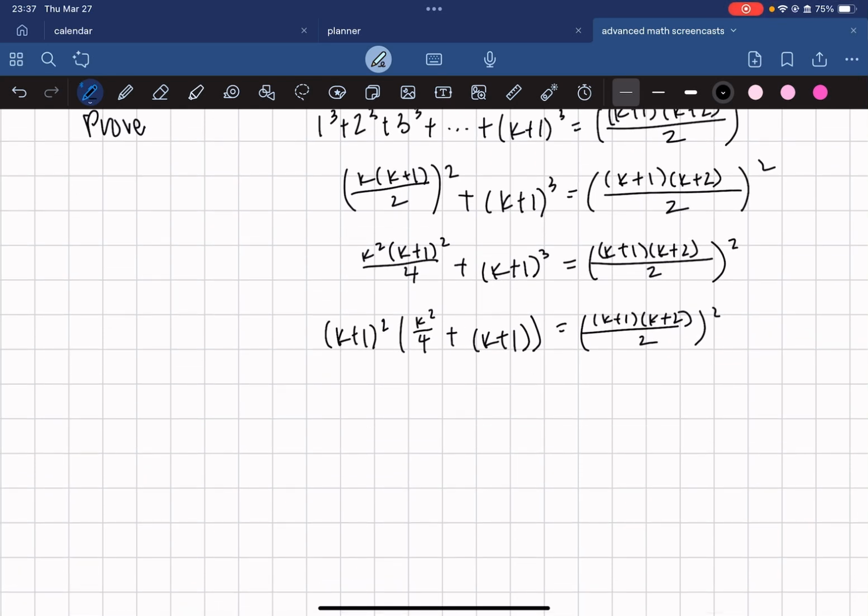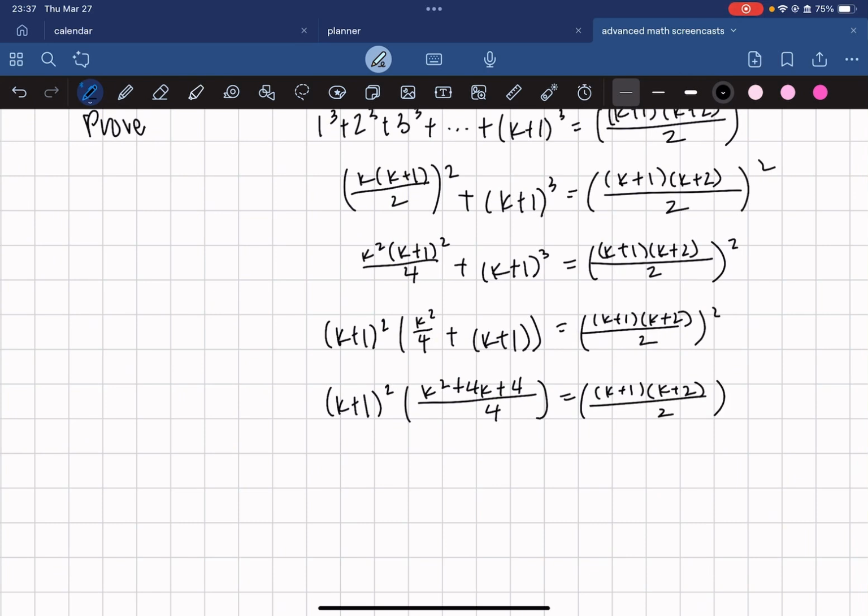And then from there, we are going to simplify this expression here. So we'll have k plus 1 squared times k squared plus 4k plus 4 over 4 is equal to k plus 1 times k plus 2 over 2.